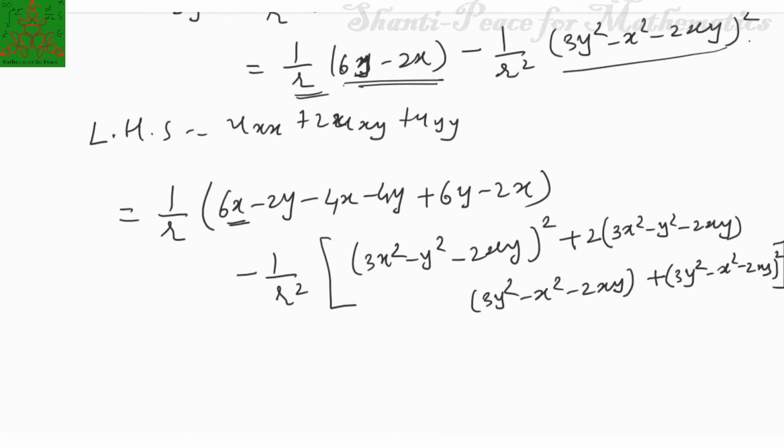The 6x will cancel with this 6x, and 6y cancels with this one, so the first term is 0. It is minus 1 upon r square that remains.